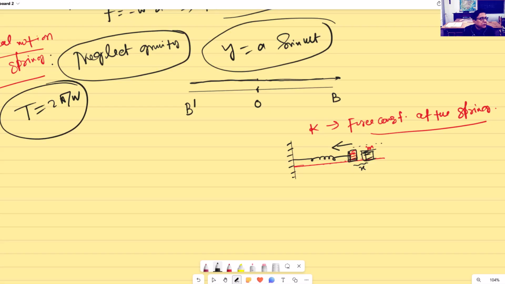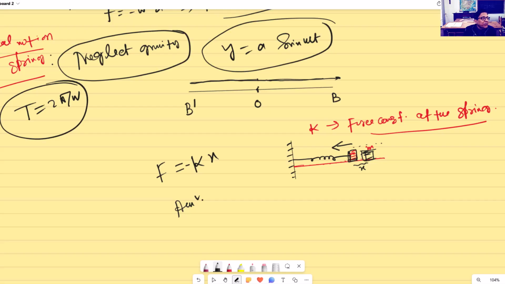You have given displacement this way, so the restoring force F is going to be what? K into x. But this force is towards the left, so we put a minus sign there. The restoring force is opposite to displacement, so minus this.